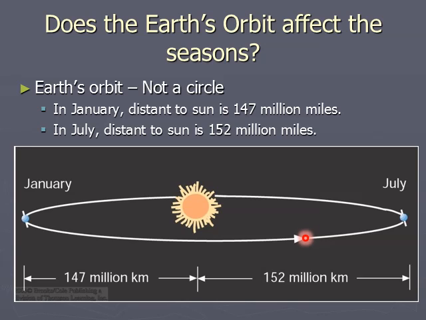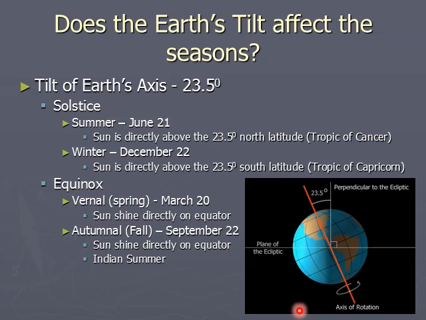Well, the main reason for this is the orbit does not have much effect on the seasons. What affects the seasons is the tilt of the Earth. The Earth's axis here is tilted by 23.5 degrees.